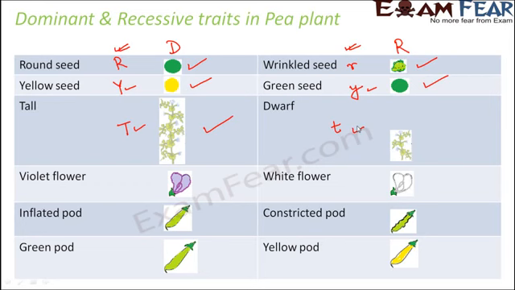That is the convention followed throughout, so please follow the same convention. Even if in your examination you want to write some example to explain something, please make sure that you follow this convention: write the dominant trait in capital and the recessive trait in the same letter but small letter.